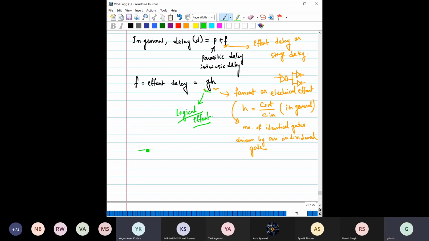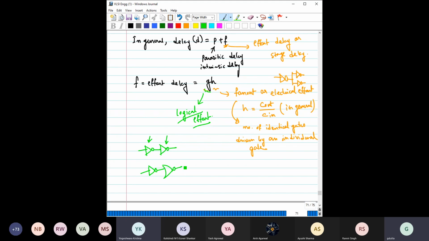Suppose this inverter drives another inverter, then the logical effort would be equal to 1, because the complexity of this gate and this gate is the same in terms of delay. Just wait for 1 or 2 minutes, you will understand what I mean by complexity. But if this inverter drives, say, a NOR gate, then the complexity or the delay would be different, so the G value or logical effort would be different.